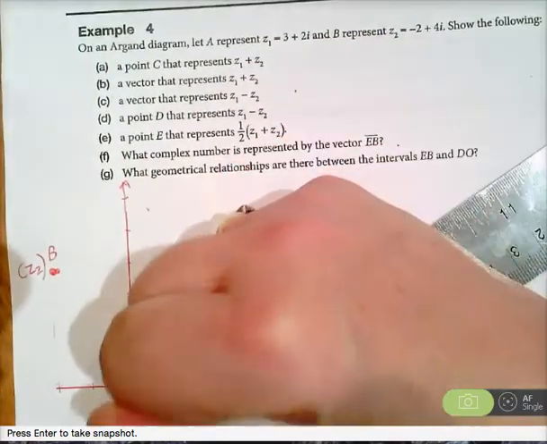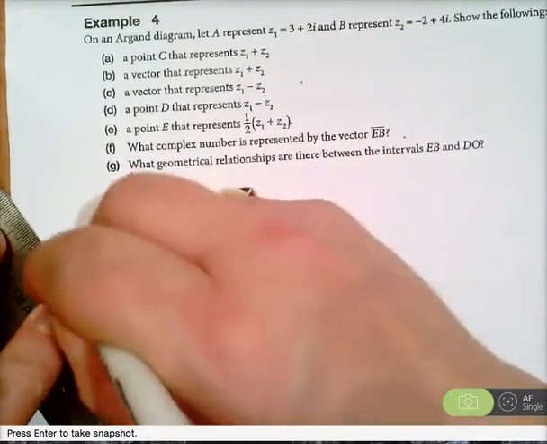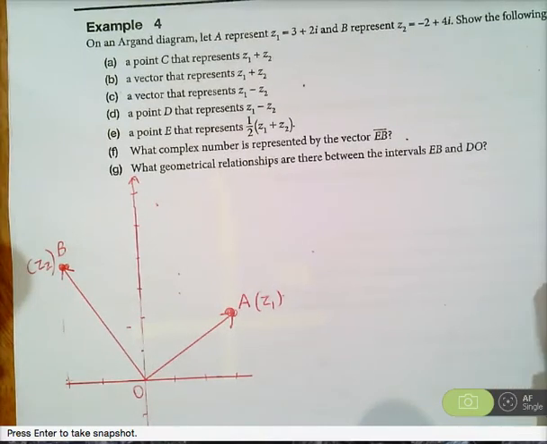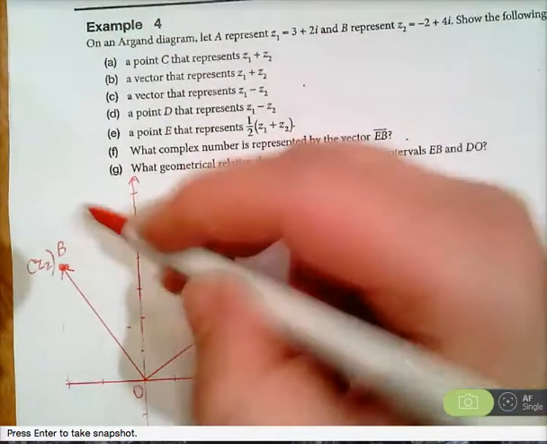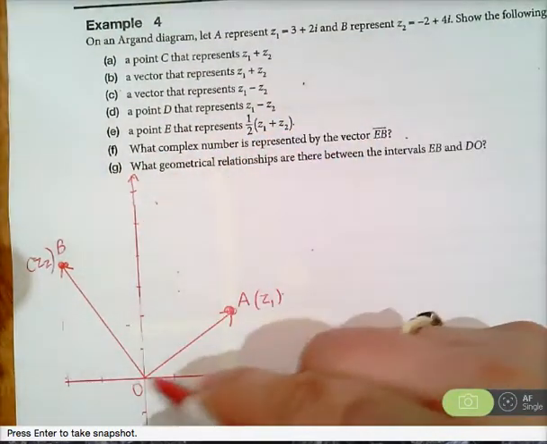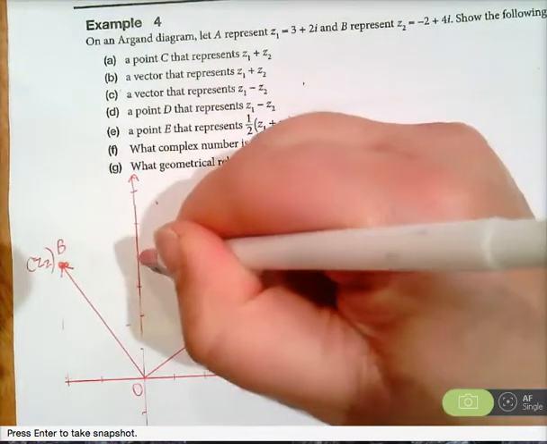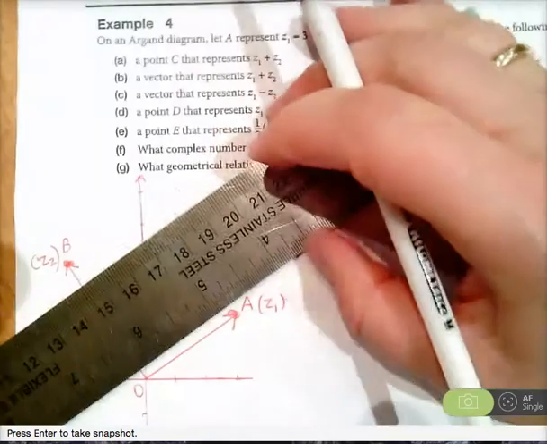Now it says, show the following, point C which represents Z1 plus Z2. So I'm just going to use the parallelogram method here. We're going across 3 and up 2. So just drawing a parallelogram here, just trying to draw it roughly the same.